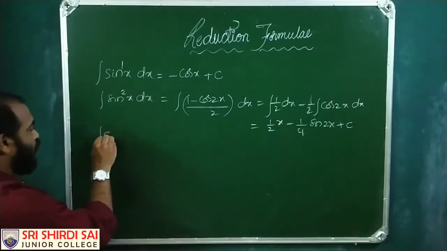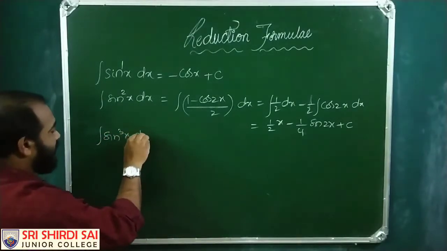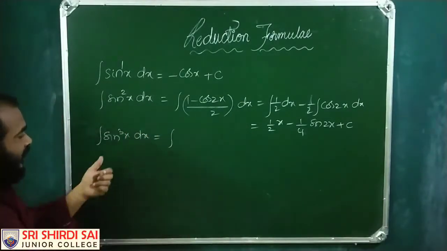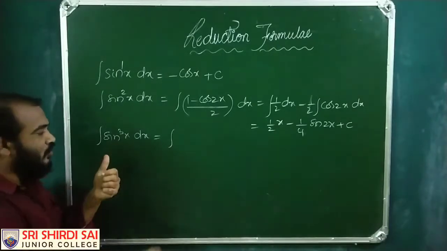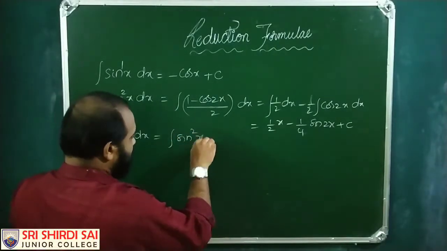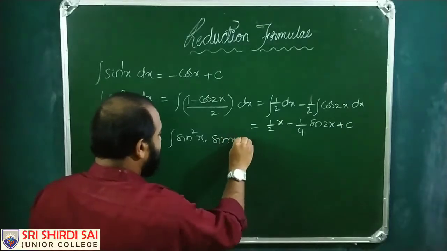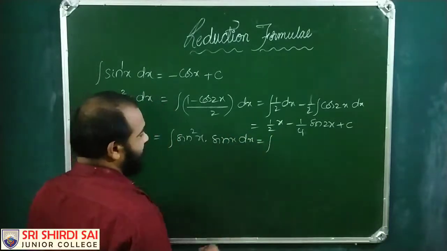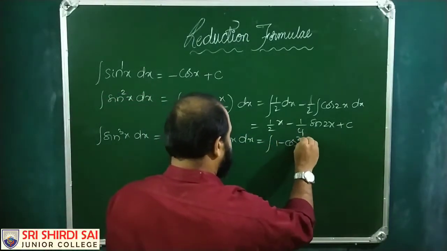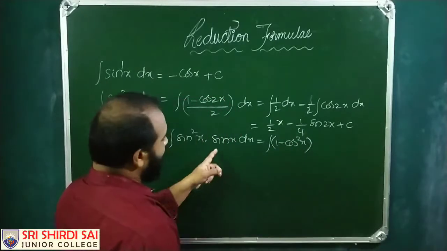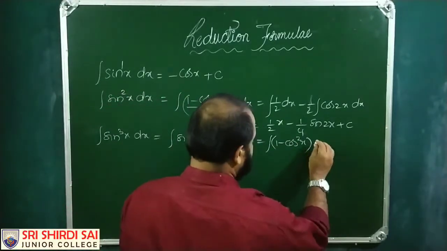But if I am asking you integral sin cube x dx, then it can be done as sin square x into sin x dx. So sin square x can be written as 1 minus cos square x into sin x dx.